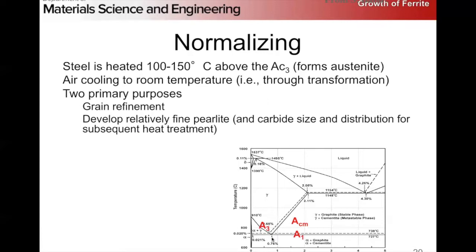So we go down through the transformation, and the goal of this is to refine the grains and develop a relatively fine perlitic structure, right? And we also want to optimize our carbide size and distributions for subsequent processing, right?